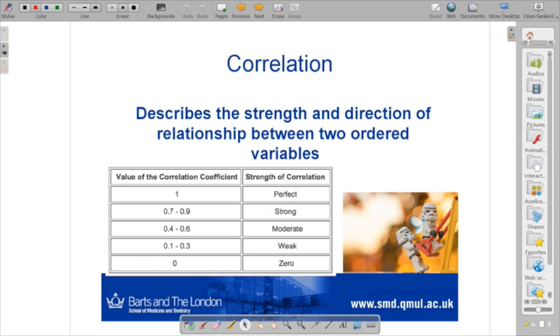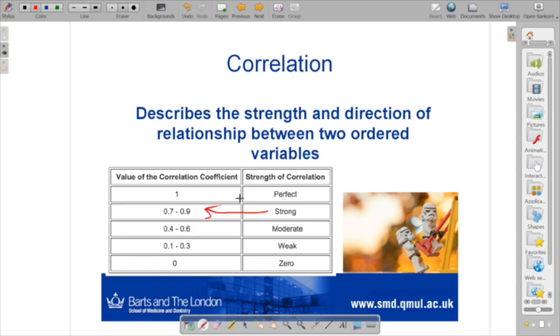So when you're writing or reporting correlations, you may read things like there is a weak correlation or a strong correlation. And at least these words can then be tied approximately to some numbers. So you can see here that the authors who suggested this table suggest if you're going to call something a strong correlation, then we're talking about a correlation coefficient between 0.7 and 0.9.